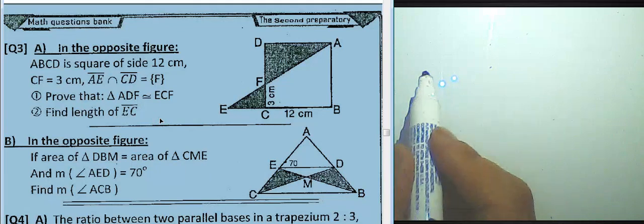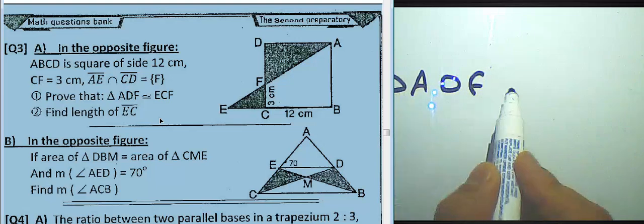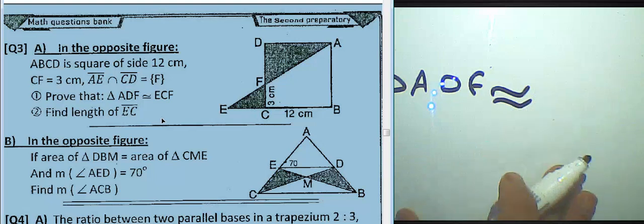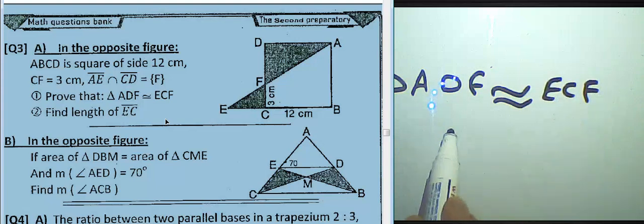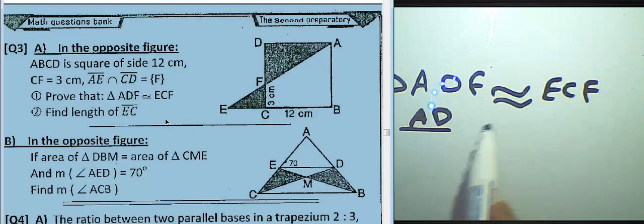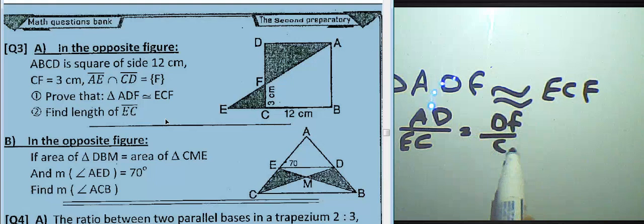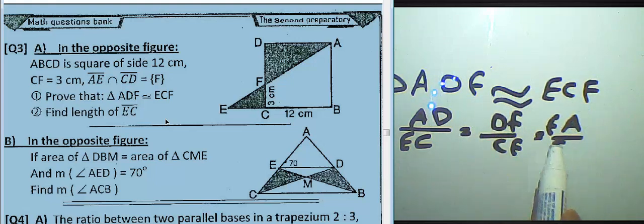We proved that triangle ADF is similar to triangle ECF. Then we can find the ratio: ED over EC equals DF over CF equals FA over FE.